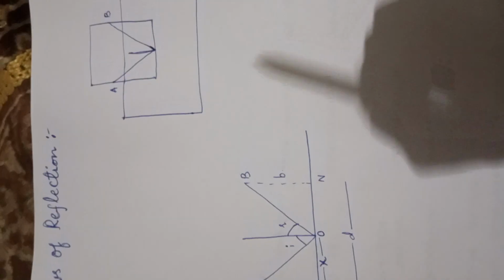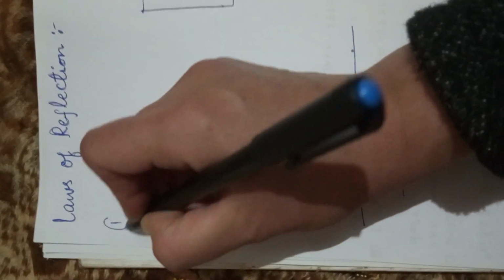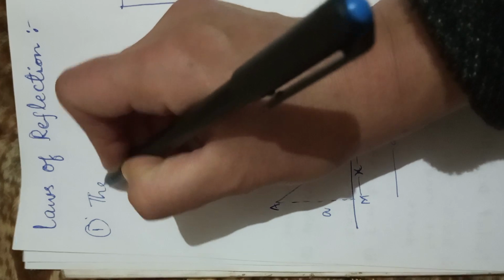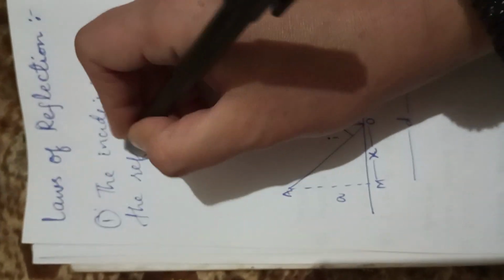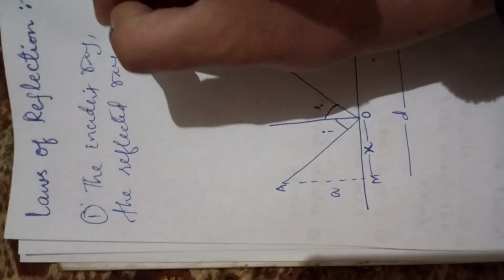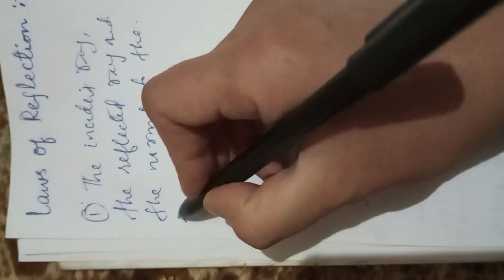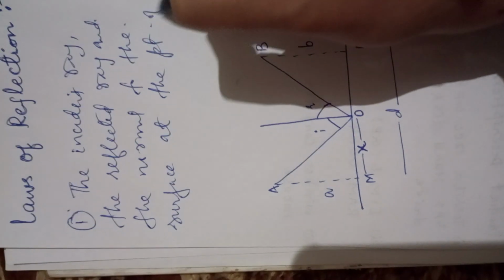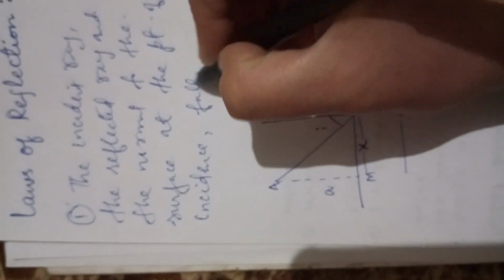The first thing is law of reflection. Now, how many laws of reflection are there? All of you understand that? You have read that in school level, that the incident ray, the reflected ray, and the normal to the surface at the point of incidence fall in the same plane.